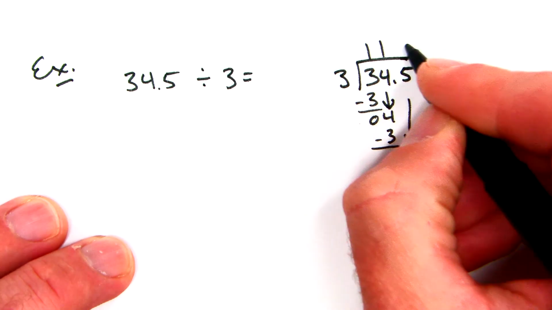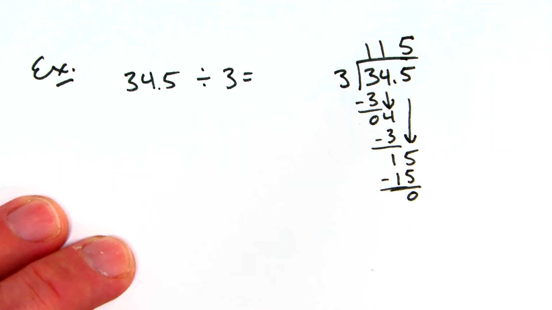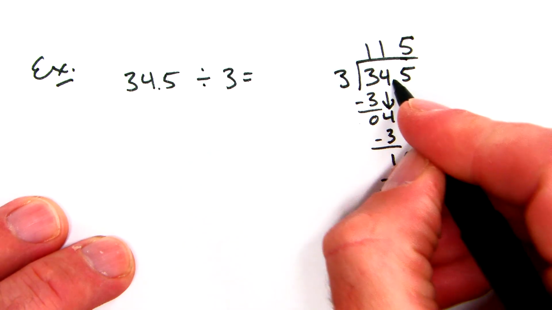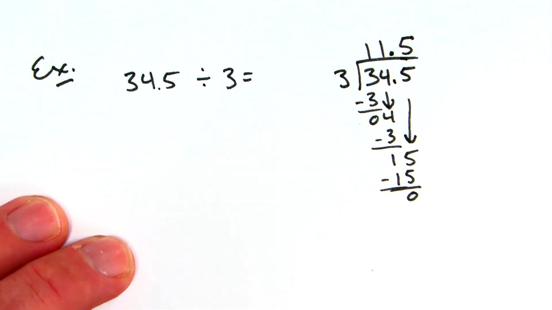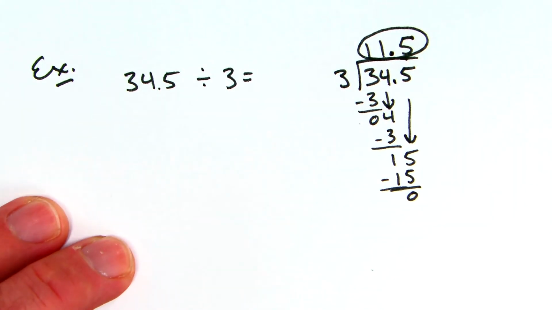And 3 goes into 15 5 times, which is 15, difference of 0. So nothing remaining. Third step, bring the decimal point straight up into the quotient. So we're right here, we bring it straight up. So 34 and 5/10 divided by 3 gets you 11 and 5/10.